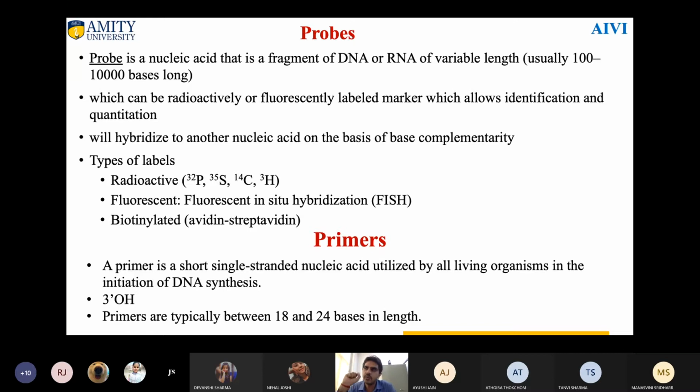You extracted the RNA, but you don't know whether the viral RNA is there or not. So how to find it? If you know the sequence, you can design a probe for that sequence that should be present in your RNA if the infection is there.